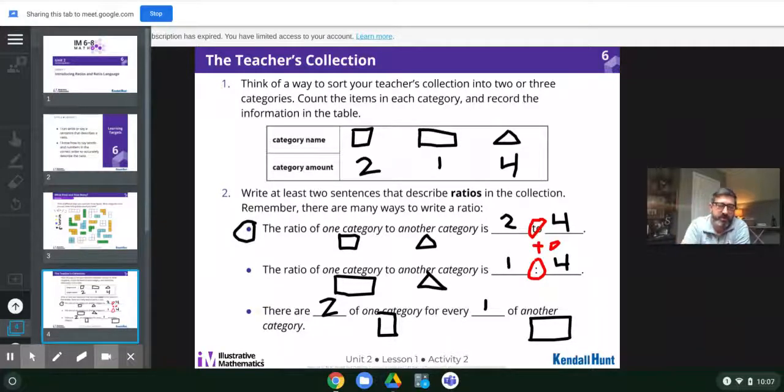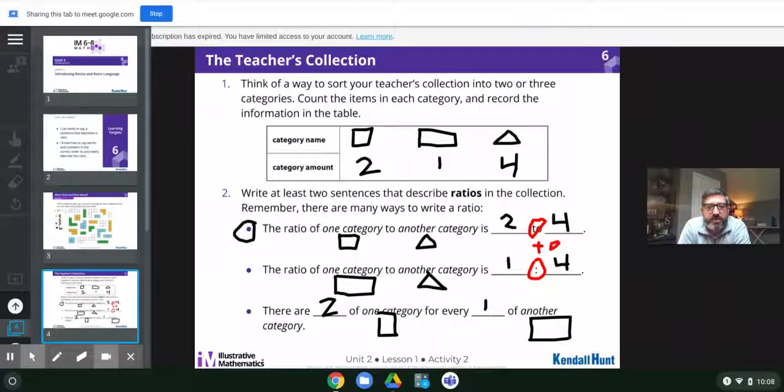I held them up so everybody could see them. So I had squares, rectangles, and triangles. We talked about how to sort the collection of shapes that I showed you all. So we determined that there were 2 squares, there was 1 rectangle, and there were 4 triangles. And then we wrote the sentences that we see down here.